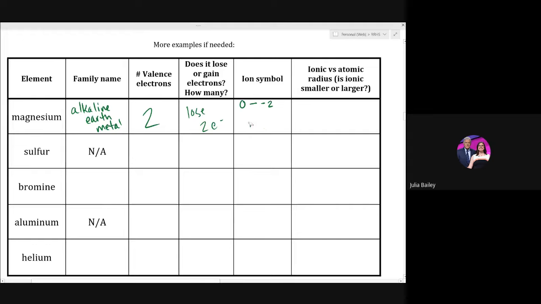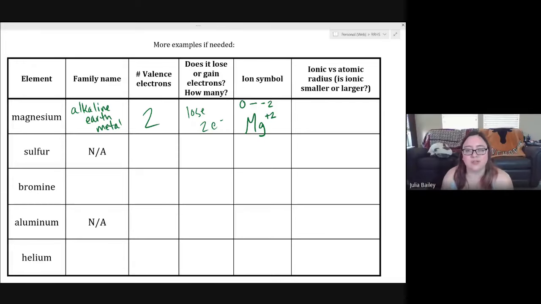And that means, oh, this asks for the ion symbol. So your ion symbol is Mg for magnesium with a +2 charge written up top right like an exponent. And then is the ionic or atomic radius larger or smaller? The ionic radius will be smaller because it has lost electrons.